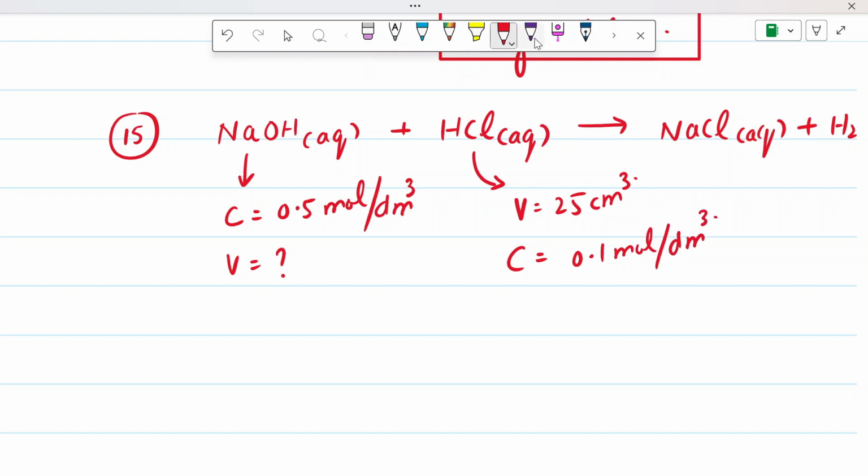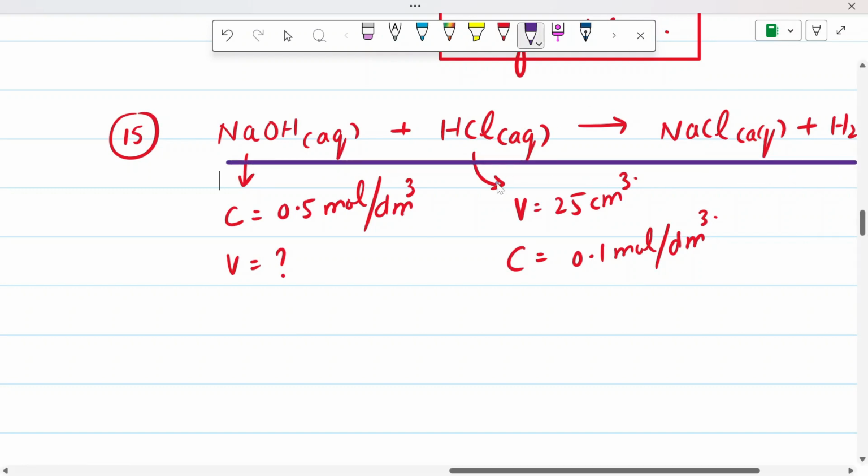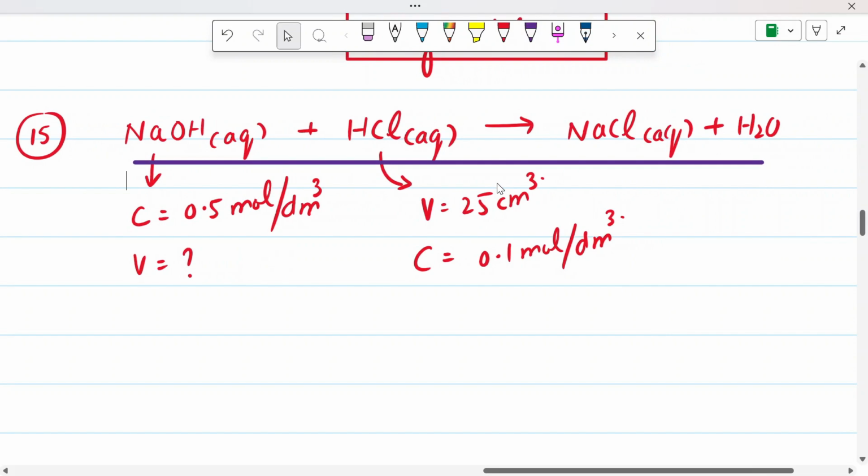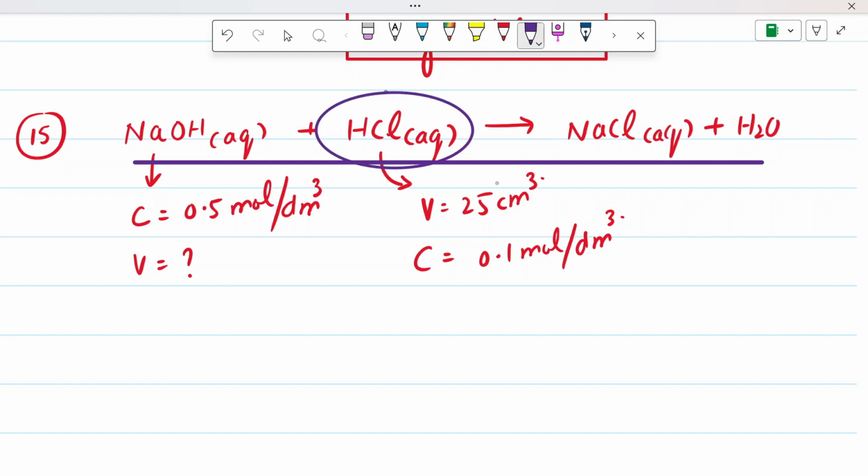Now you see in this question, you have just written all the information from the question in an easier format. From here it is obvious that you are given complete data for the hydrochloric acid, which is concentration and volume, but the data for sodium hydroxide is incomplete. So we cannot work out the moles of sodium hydroxide.